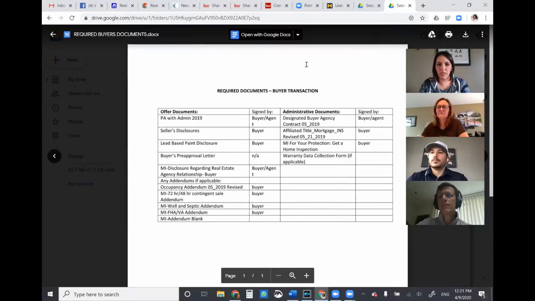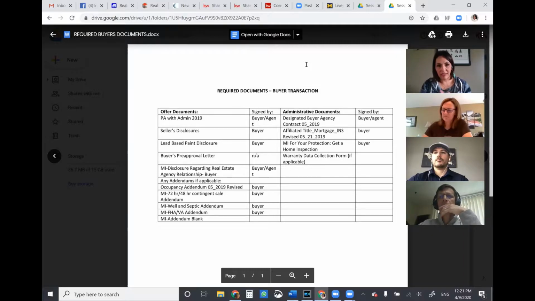Okay, awesome. That's fine. So these are, if you guys have been doing Pete's Forms, you should be familiar with all of these, right? So we have this split up into two sections. The left side is all of the documents that are related specifically to the offer for a piece of property.